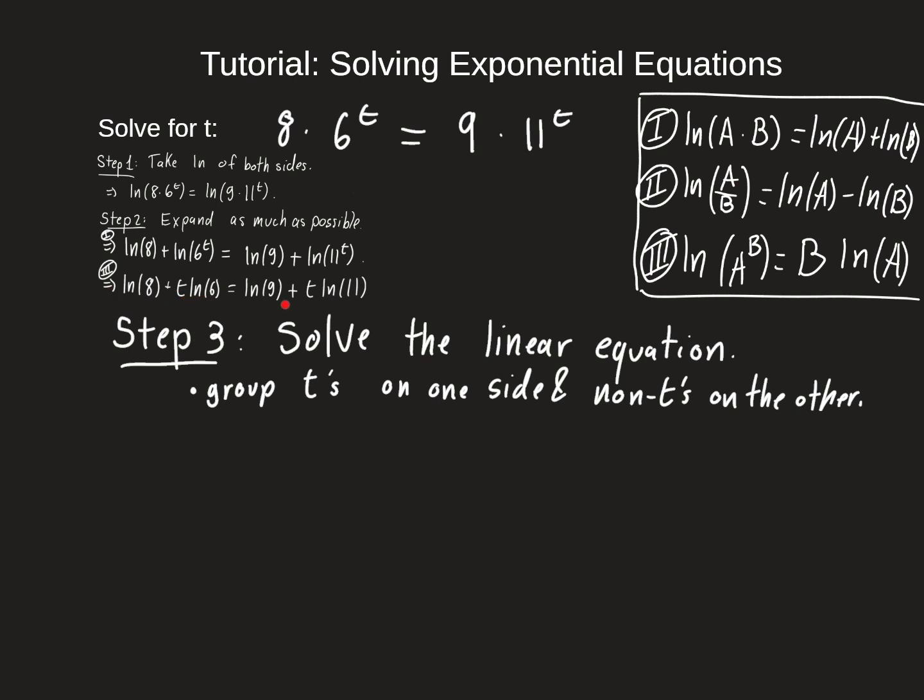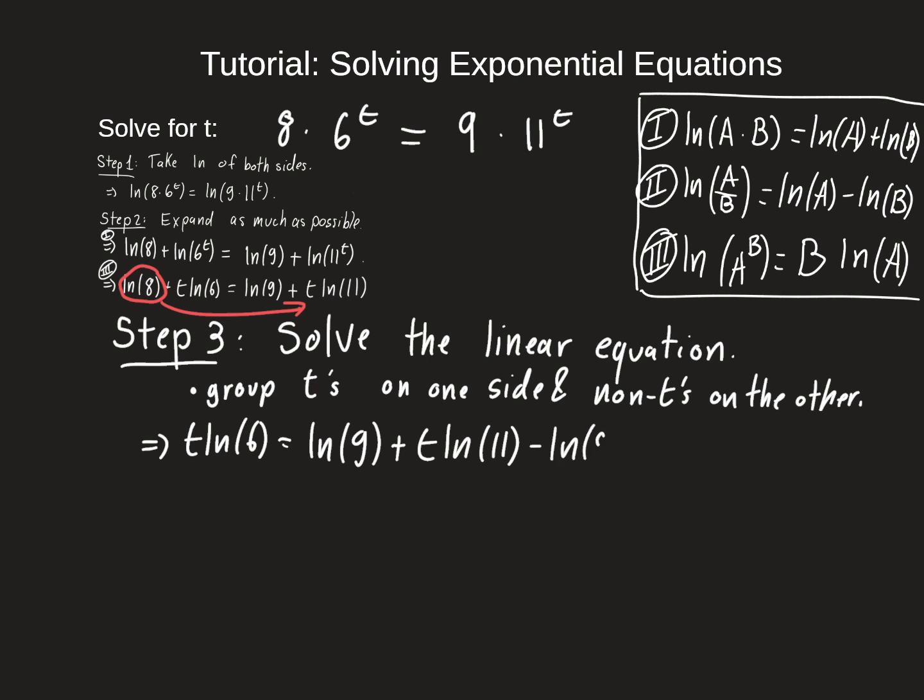So we want to split these up on separate sides. Ln of 9, no t. T ln of 11, there is a t. So let's start off by taking this ln of 8 and moving it to the other side. If we do this, we're going to get t ln of 6 is equal to ln of 9 plus t ln of 11 minus ln of 8.